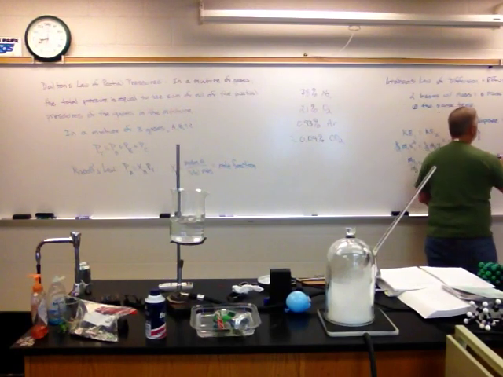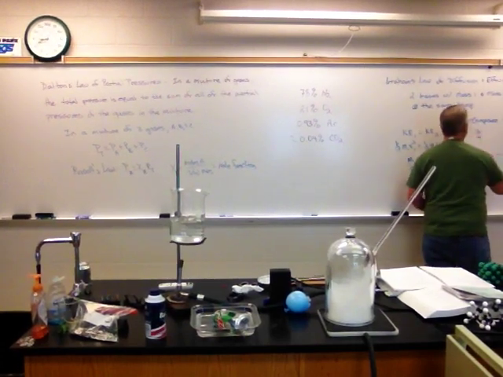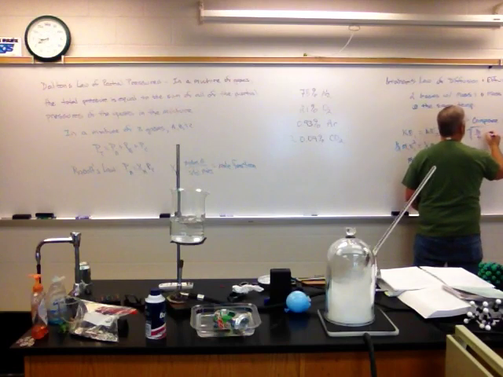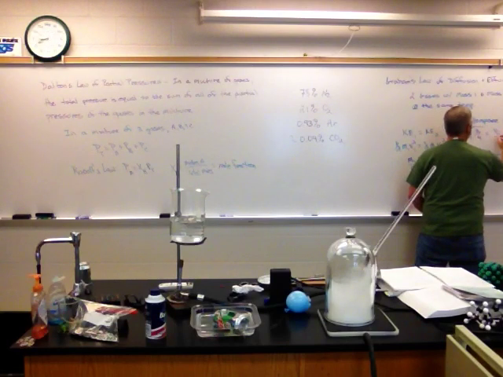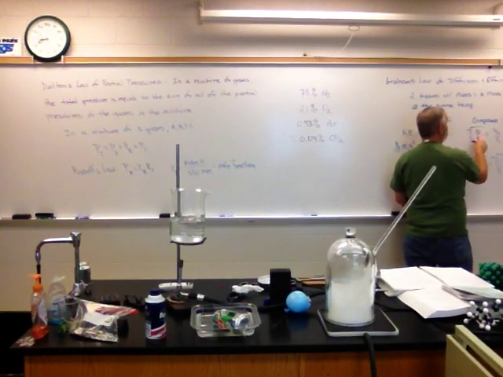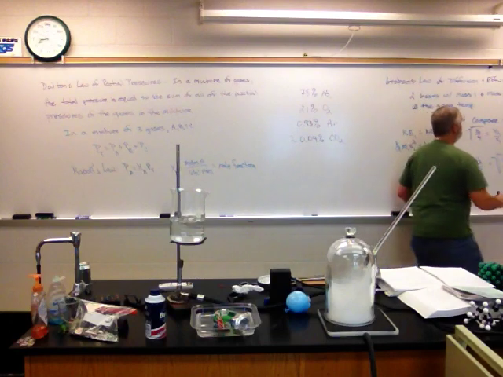Actually, let's do the math a little bit easier. I'm sorry, let's change that to helium and make that 4. The square root of it is going to equal the velocity 2 over velocity 1. So 16 divided by 4 equals 4. Take the square root of it, it's 2.